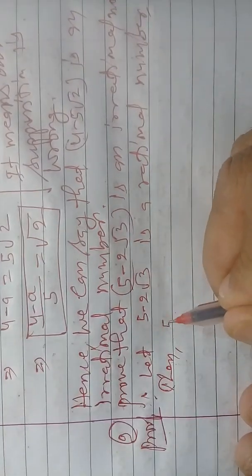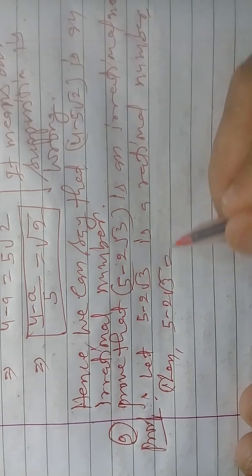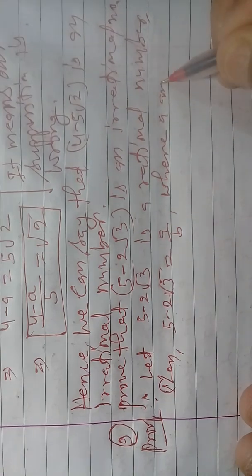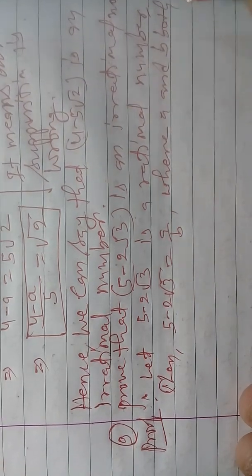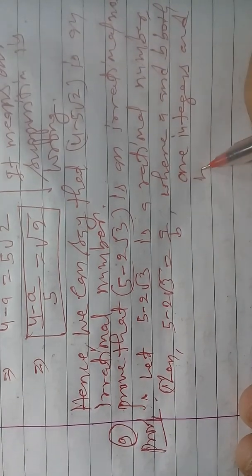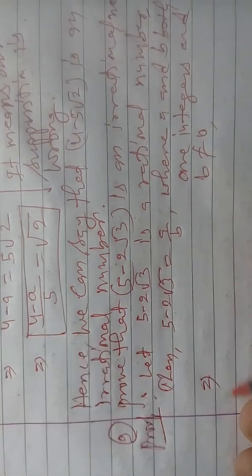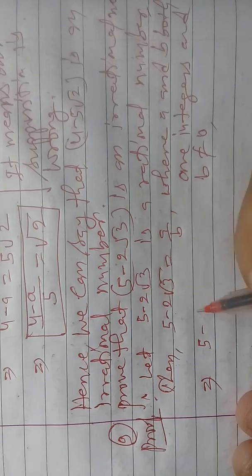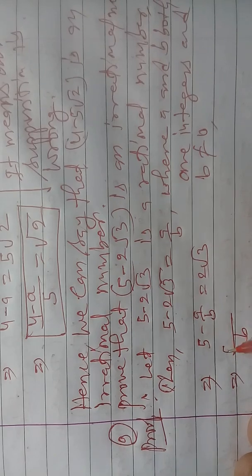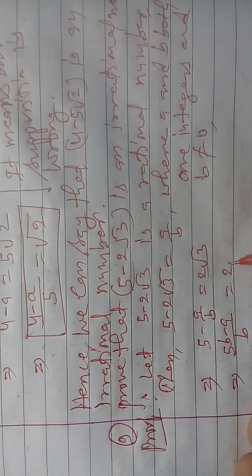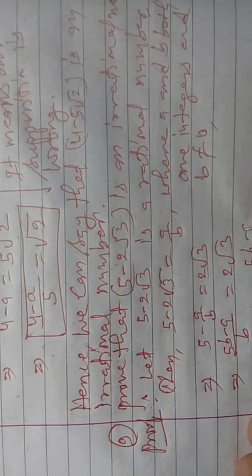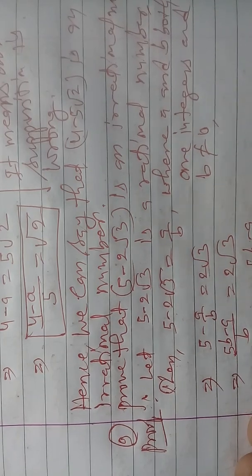Then 5 minus 2 root 3 is equal to a by b, where a and b both are integers and b is not equal to 0. This implies 5 minus a by b is equal to 2 root 3, which implies (5b minus a) by b is equal to 2 root 3, which implies root 3 is equal to (5b minus a) by 2b.